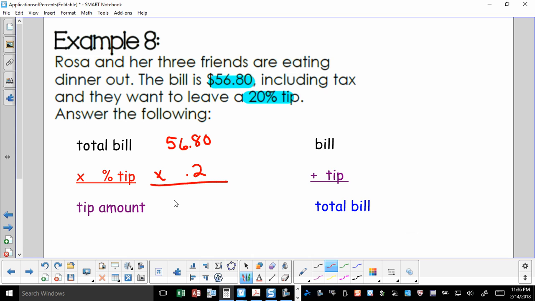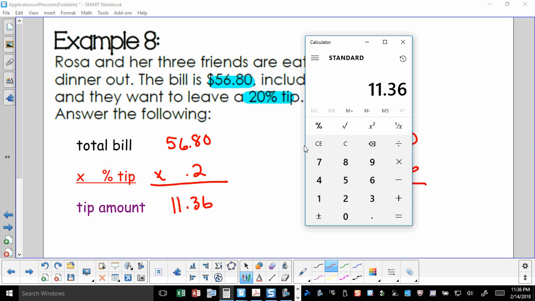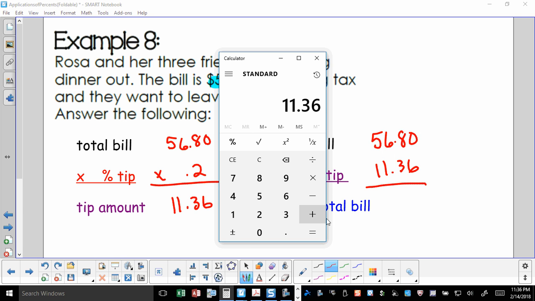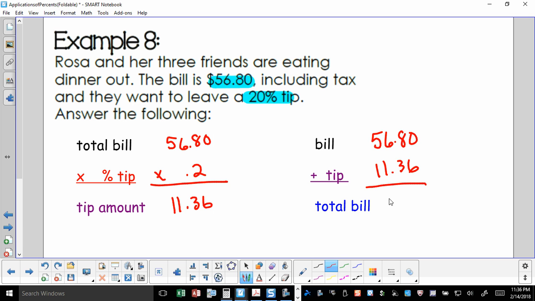It's $11.36. Okay, so that's our tip amount. Then let's go for the total bill. We take the bill that we had of $56.80, and then the tip of $11.36, and we add those together. It's $68.16.